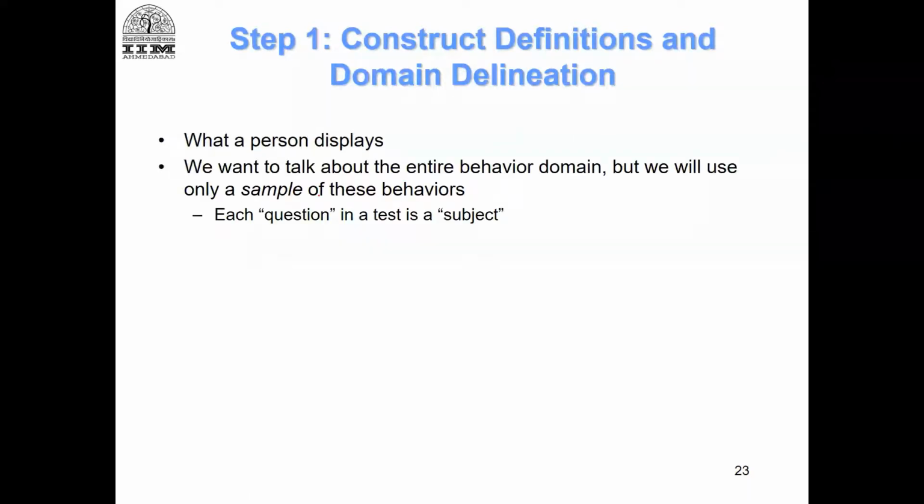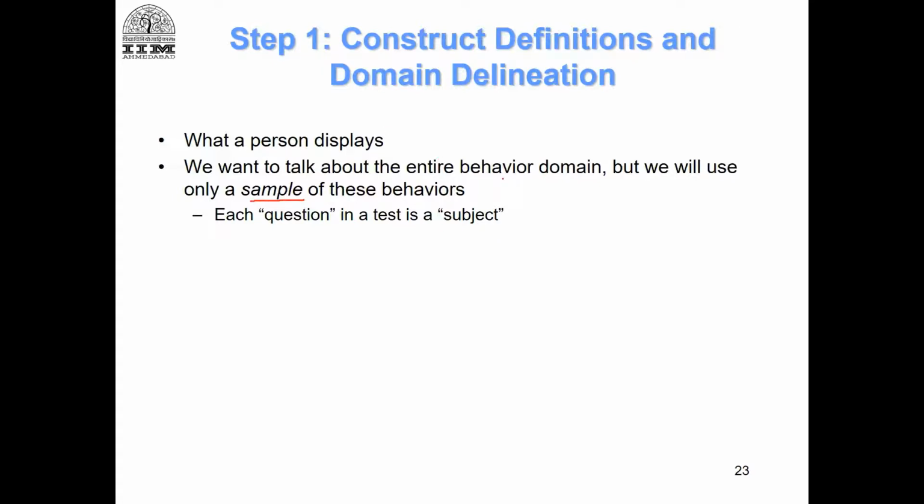You're going to say, okay, what are the kind of behaviors this person displays, right? And I want to capture that and think about developing a measure for motivation. So we talk about the entire behavior domain, but we use only a sample of these behaviors.